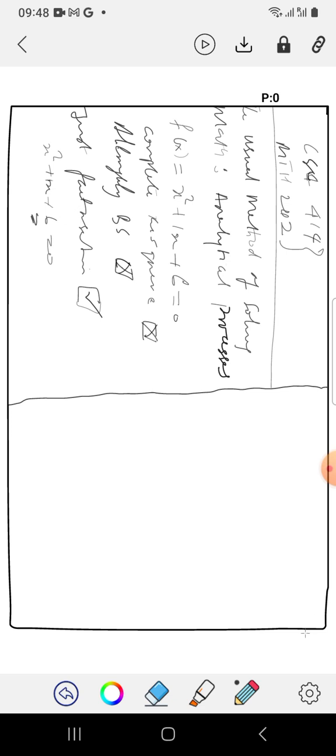So what do we have? 2 and 3 give us 6 when you multiply, but the addition of 2 and 3 gives you 5, and minus 2 and minus 3 gives you minus 5. So that's a no-no. Well, you look at 6 and 1, minus 6 and minus 1. They are still not working.